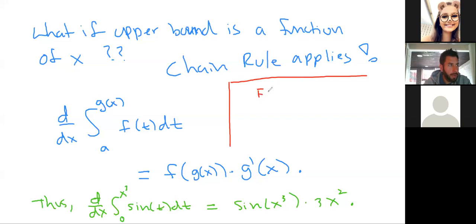Let me call capital F of x this integral. I don't want to use g here. I want to use, if I call this the function, and I'm composing it. So the function that I'm after is actually f evaluated at g, which now becomes this.